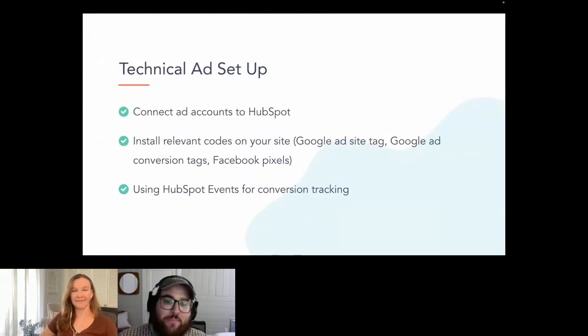So first things first, especially as a HubSpot user, making sure that you connect those ad accounts to HubSpot. I think the biggest value with running paid advertising and using HubSpot is that it gave us transparency into what's actually happening from the initial impression, the click, all the way through to actual contacts and people in our CRM.